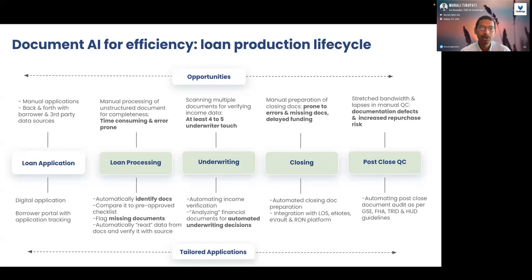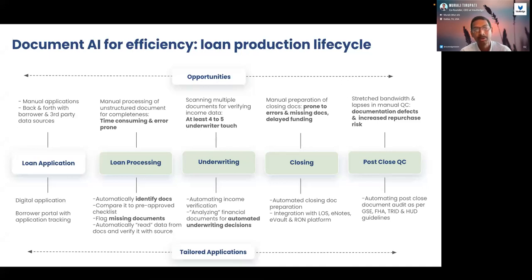Even as we talk about document AI, we need to remember that the source for a lot of these documents is a different system. Typically, most of these documents originate in the LOS. So one of the key things that customers look for in this space, and what at Voltage we have done a lot of work in addressing, is how do you integrate with the LOS systems, right?